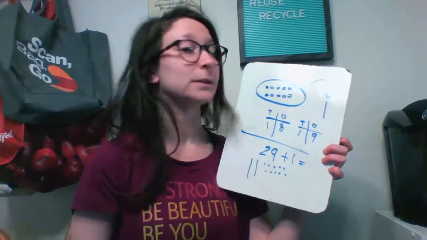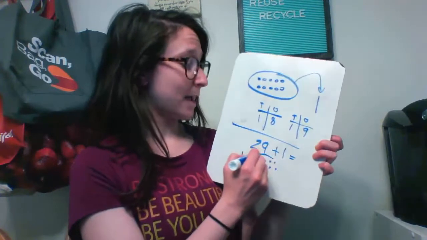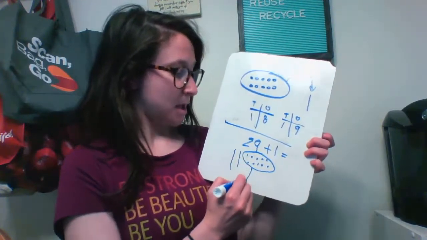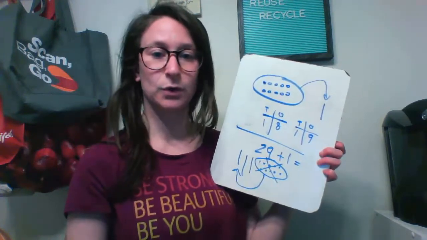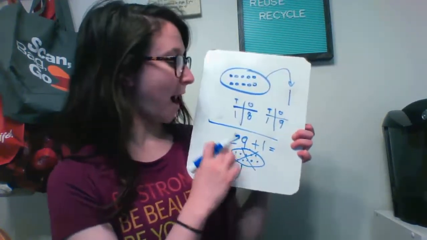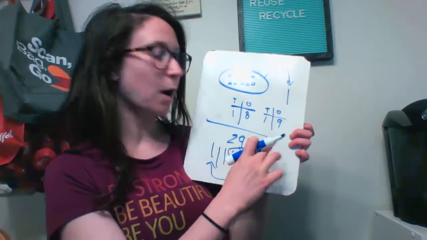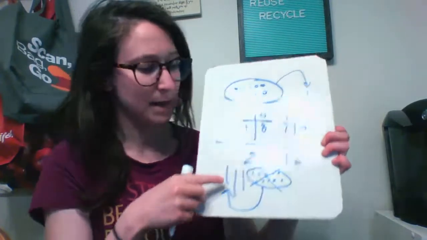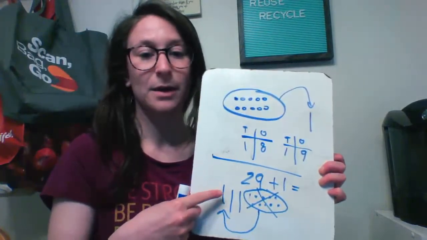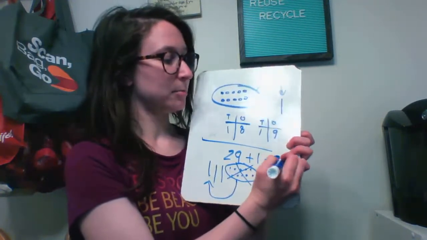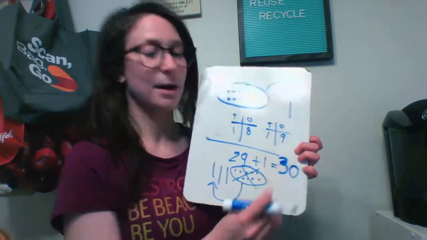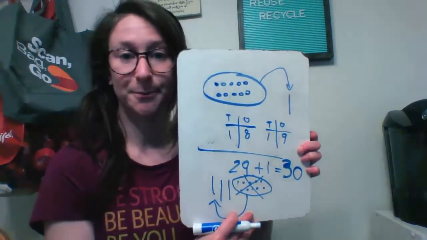Well, that will not do. We're going to take all of our 10 dots and we're going to make a new 10. So now, what equation do we have? 29 plus 1 equals, let's count our 10s. Ready, let's count. 10, 20, 30. So 29 plus 1, let me make that 3 better, equals 30.